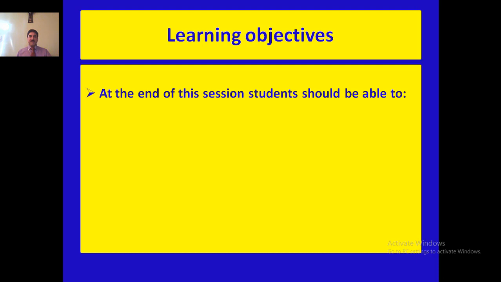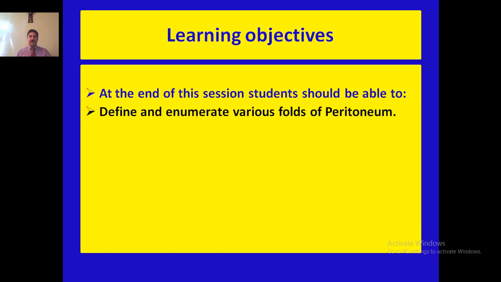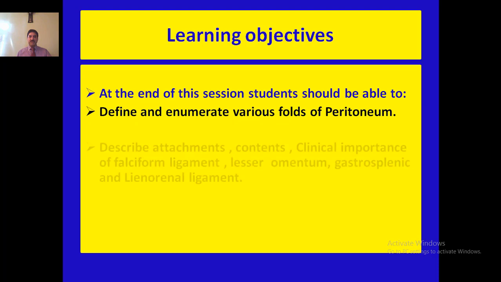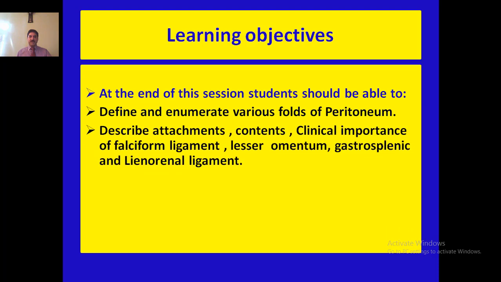At the end of this session, students should be able to define and enumerate various folds of peritoneum, describe attachments, contents, and clinical importance of falciform ligament, lesser omentum, gastrosplenic, and renal ligaments.